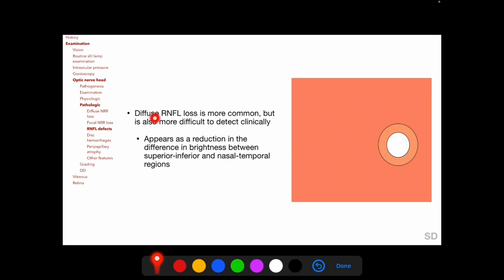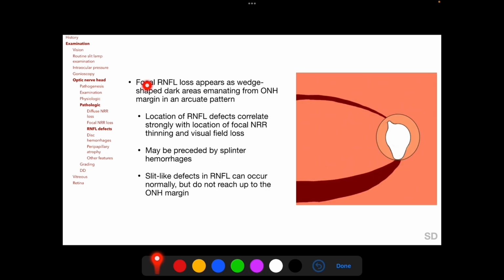Diffuse RNFL loss is more common than focal RNFL loss, but is also more difficult to detect clinically. Diffuse RNFL loss appears as a reduction in the difference in brightness between the superior-inferior sectors and the nasal-temporal sectors of the RNFL. Focal RNFL loss appears as wedge-shaped dark areas emanating from the optic nerve head margin, as shown here in this diagram.